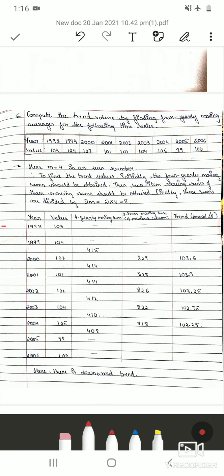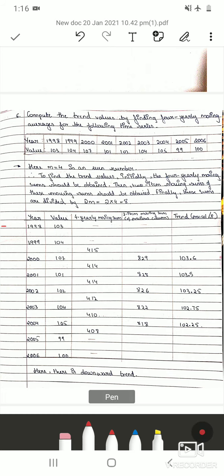Then add the next 4 values, which is 101 plus 102 plus 104 plus 105, which is 412. So we have written it in the center. And next add the next 4 values, which is 102 plus 104 plus 105 plus 109, which is 410. And at the end, it will be 104 plus 105 plus 99 plus 100, which is 408. So write it in the middle.